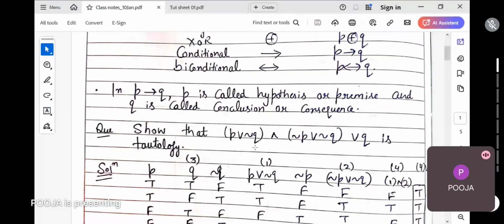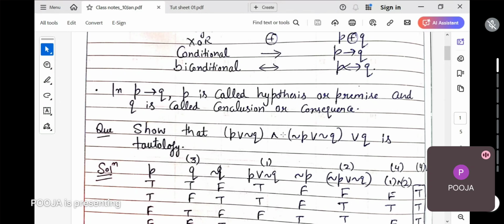This is a compound proposition, which means any proposition obtained from the combination of other propositions. P and Q are two propositions. With the help of these two, I have added some logical connectives, conjunction, disjunction, negation, and created a new proposition.